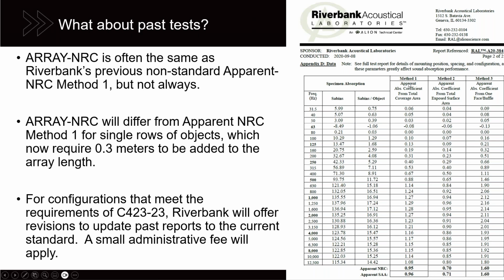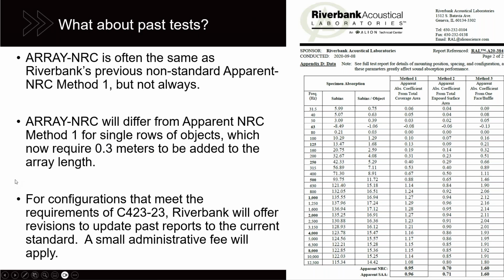So for rectangular arrays, our method 1 should almost always match. For single rows of baffles, it won't exactly match the method 1 calculation, because we did not have that added 0.3 meters to the length.